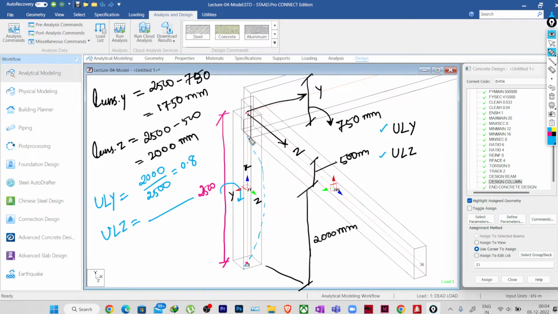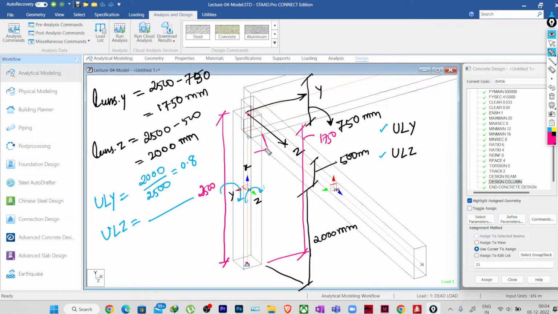Okay, and unsupported length about the z-axis. When we do it about the z-axis, which length will be effective here? In that case, this particular length will be effective, which is 1750, right? Because in that case the column will be bending from the face of this beam, well, not bending from the face actually.